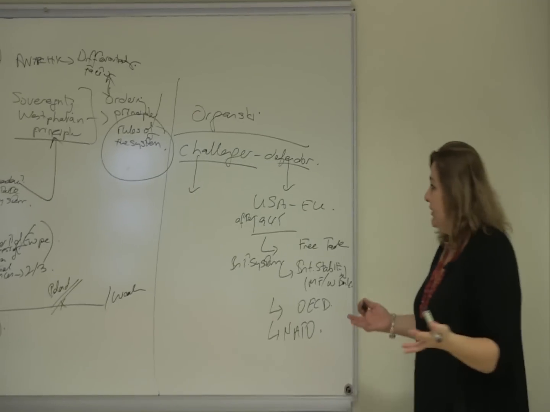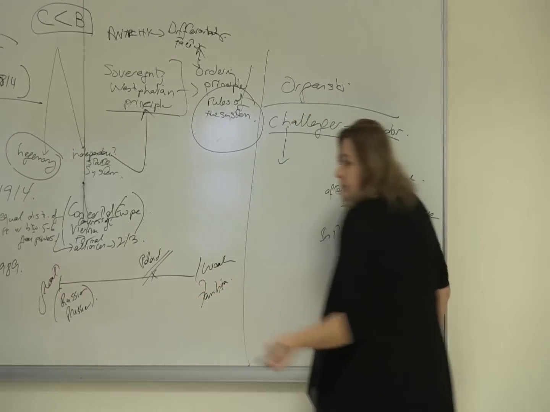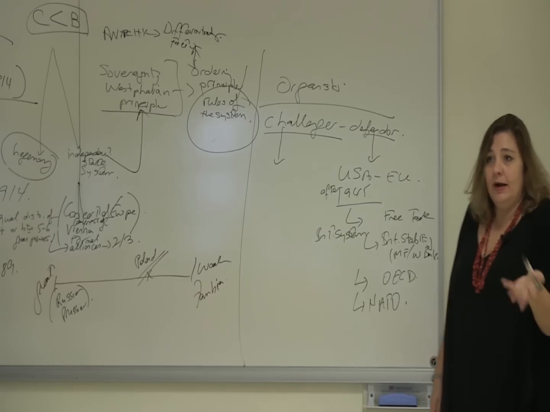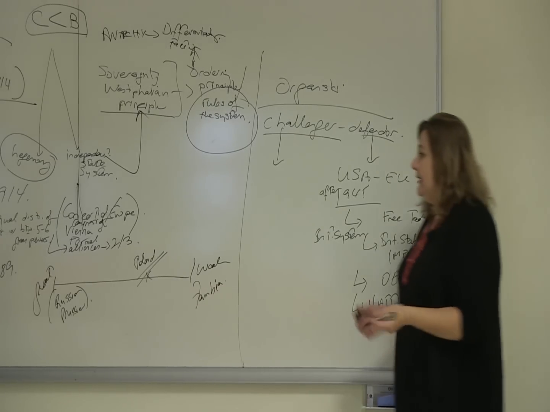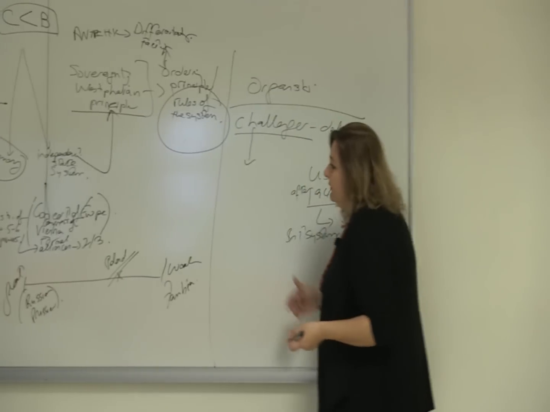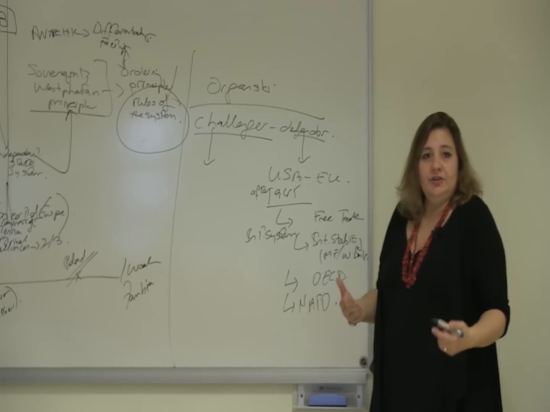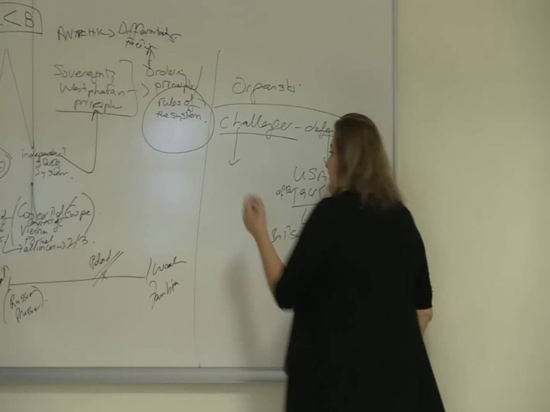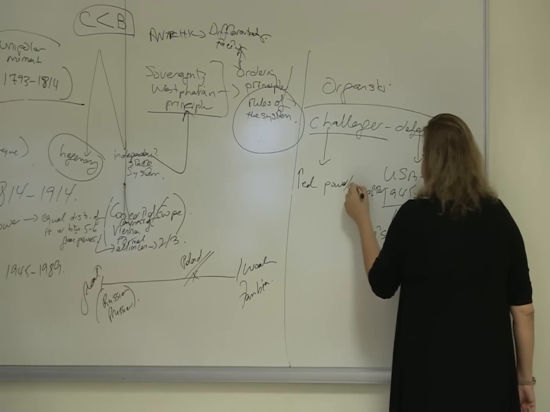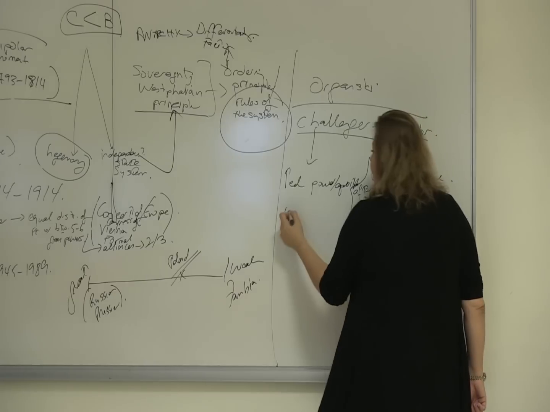So you don't have a challenge from, I don't know, Zambia. Never becomes a challenger. Right? Zimbabwe doesn't become a challenger. Okay? They don't have the power. So the challengers could only come from the great players. Okay? Well, specifically from this perspective. Okay? So Organski's challenger. What is it that the challenger has? The challenger has increased power capabilities, but the challenger has to be unsatisfied with the status quo.